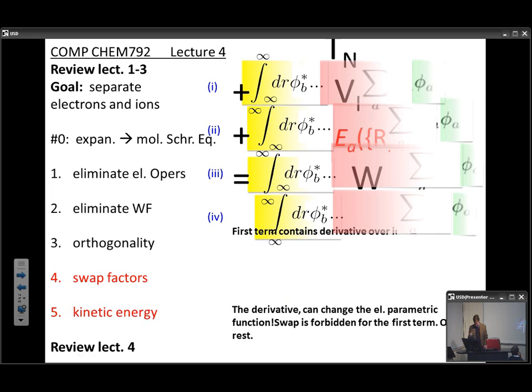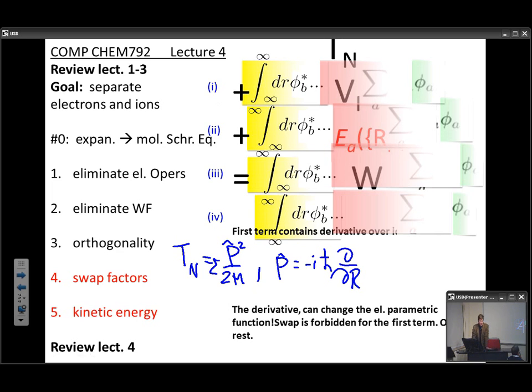Let's see. Our kinetic energy of ions is the square of the momentum of the ion over the mass of the ion. And the momentum operator is a derivative over the position of an ion.